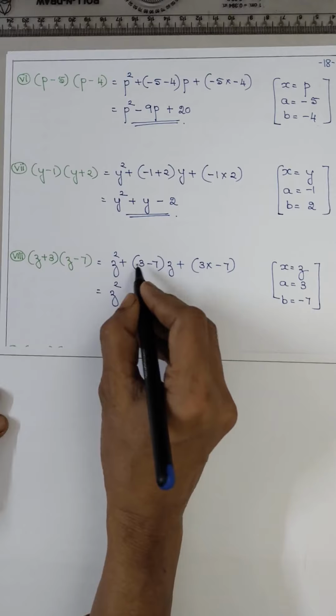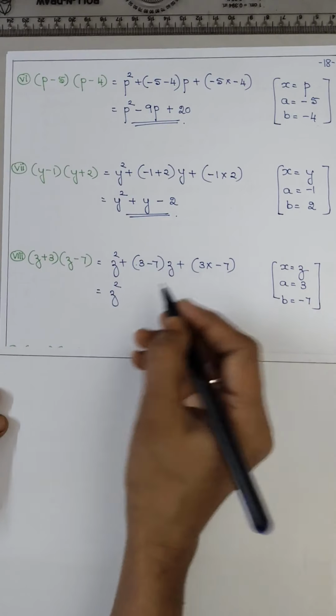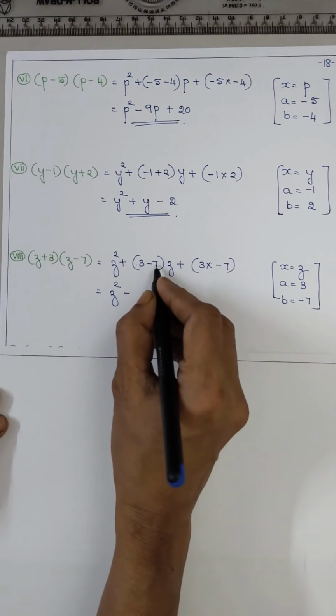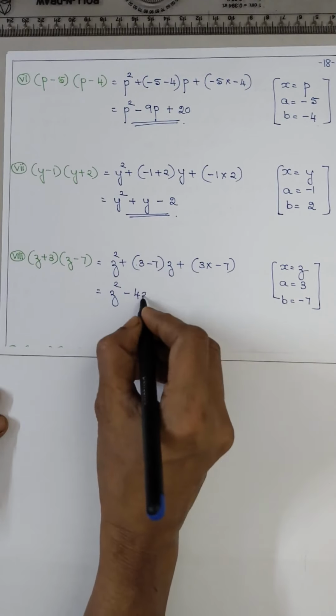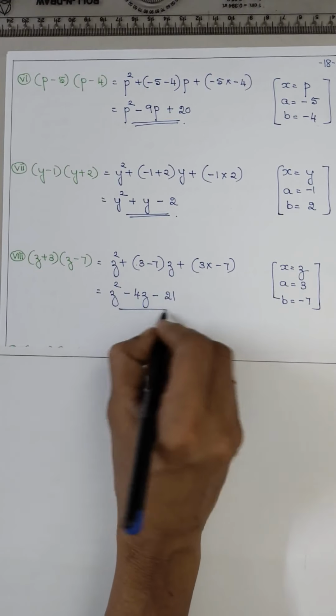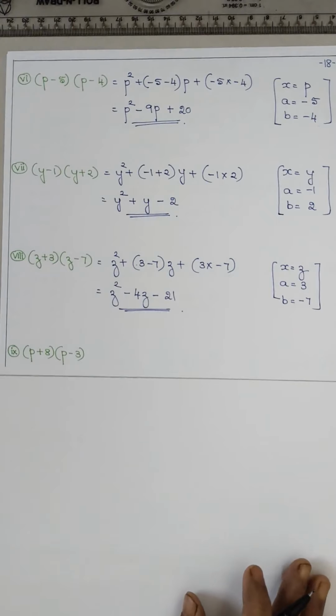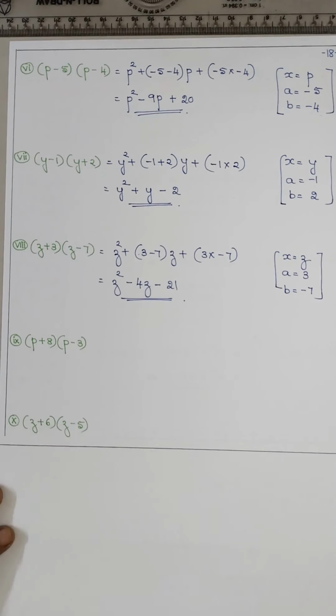Different signs, plus and minus, so subtract; the bigger number's sign is minus. 7 minus 3 is 4, into z, 4z. Now different signs, so minus, 3 sevens are 21. You got z squared minus 4z minus 21.